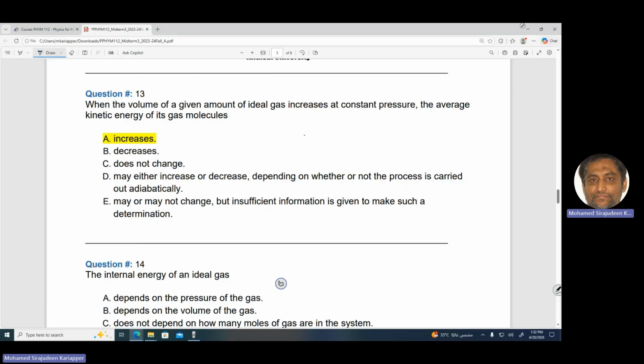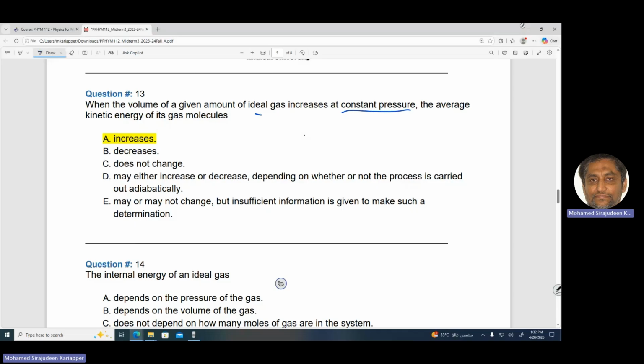The volume of the given amount of ideal gas increases at constant pressure. What will happen to the average kinetic energy of the gas molecule when the volume of ideal gas increases at constant pressure?